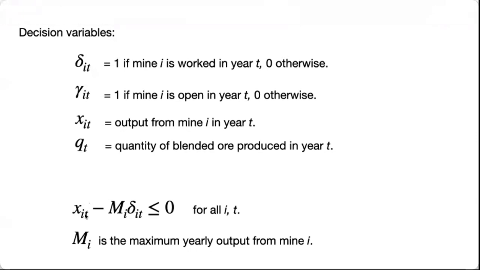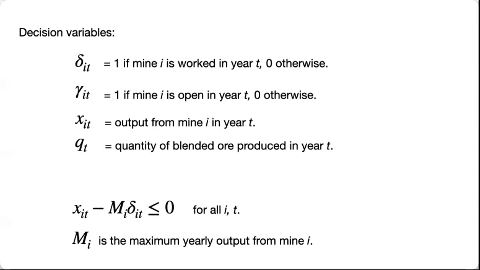So we have XIT subtract MI delta IT. Because delta IT is a logical variable, it can be 0 or 1. If we work on that mine, of course, this becomes 1, so the maximum capacity becomes MI in that year T.